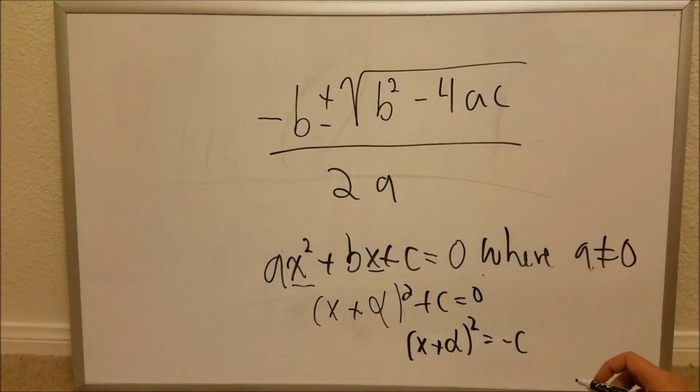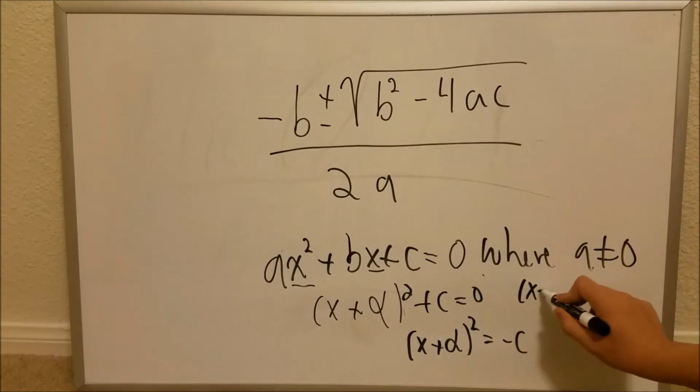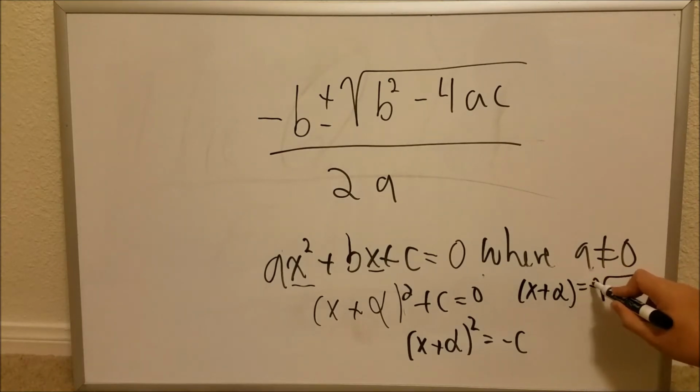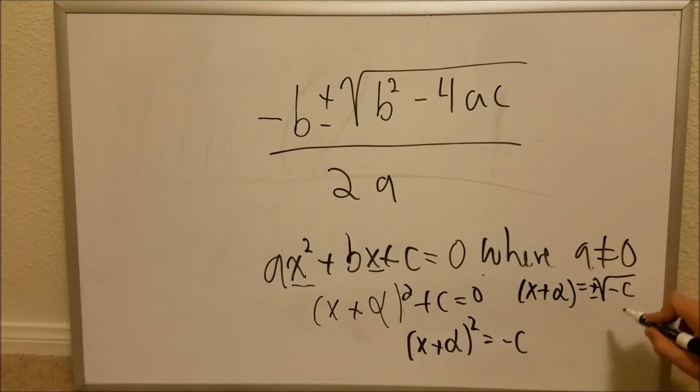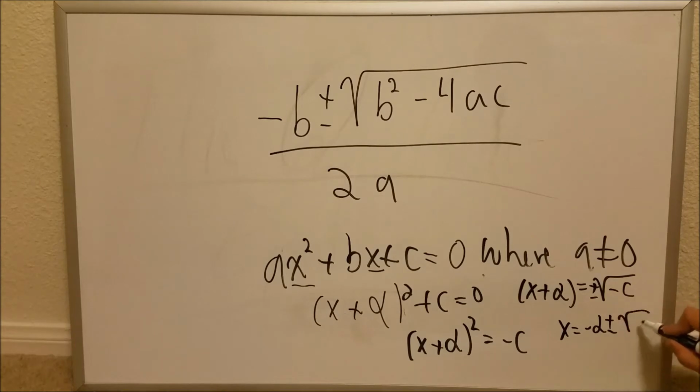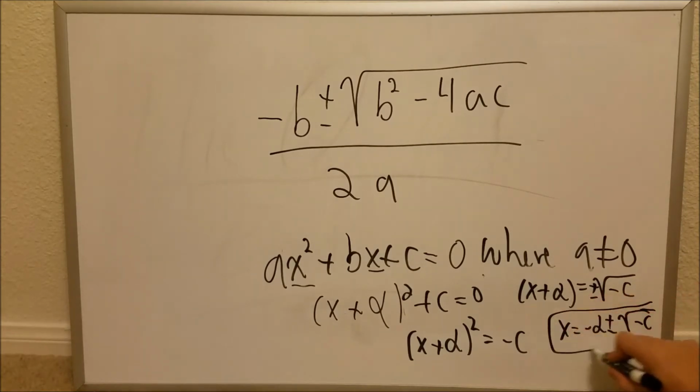Subtract c on both sides, find the square root, subtract alpha, and we will get this value. This is even starting to look similar to the quadratic equation.